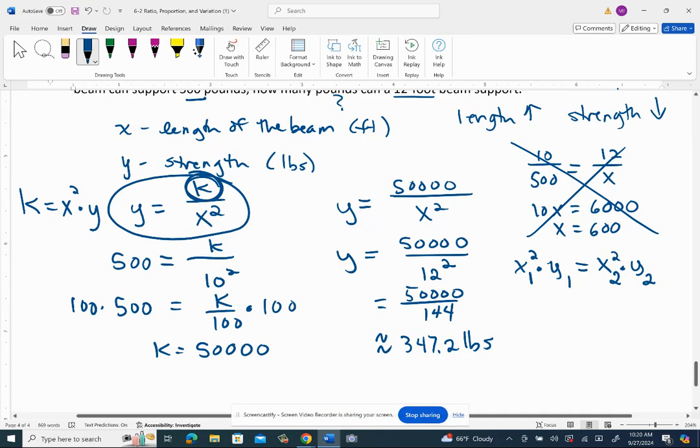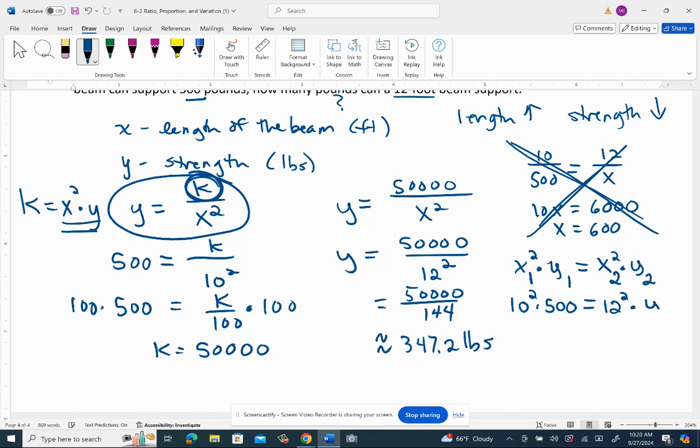It's not actually a proportion that you could write. The constant would be equal to x squared times y. So 10 squared times 500 would have to equal 12 squared times something, and I could find that by working this out. I get 50,000 equals 144y, then divide by 144, and I'm back to about 347.2.